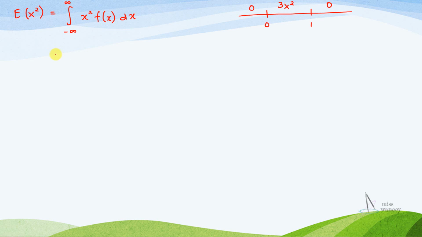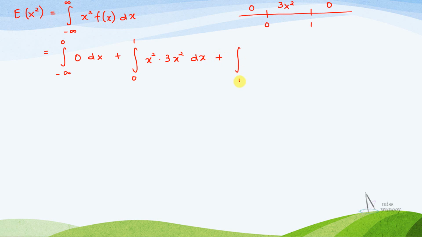Let us start from the left hand side. We have negative infinity until 0, and then x squared multiplied with 0, which is simply 0 dx. Plus from 0 up until 1, we have x squared multiplied with 3x squared dx.